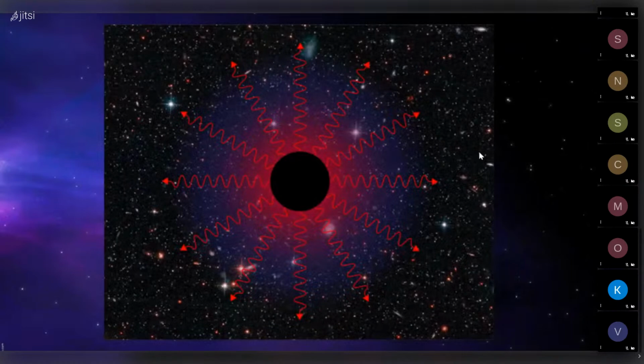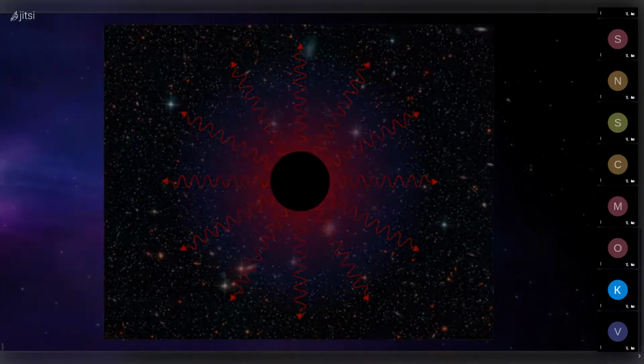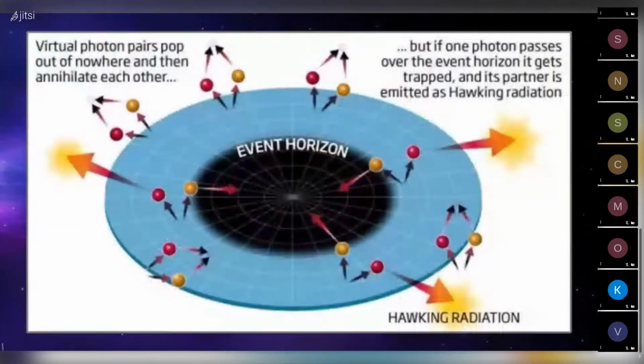So we got the answer to why Hawking radiation is produced. It is because of these virtual particles, which are suddenly sucked in by the black hole, or quantum tunnel into the black hole through the event horizon, and then one of the particles remains outside. Thus, just to compensate their energy, the black hole transforms some of its mass into Hawking radiation and emits it out. So this is how Hawking radiation is produced according to quantum mechanics.